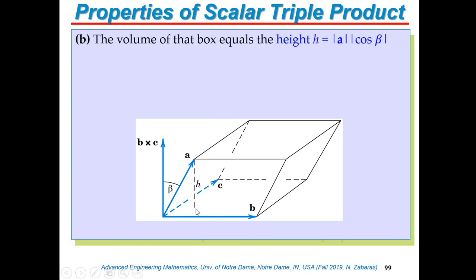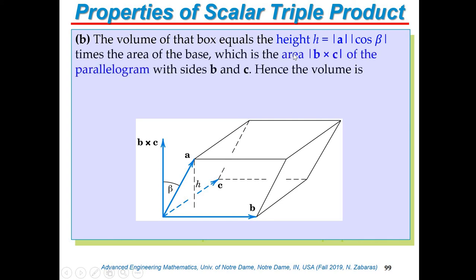It is the height h times the area formed by the vectors B and C. The height h is really nothing else but the magnitude of A times the cosine of the angle between A and B cross C. But we already have seen that the area of the parallelogram is really the magnitude of B cross C. So effectively, you can see that this dot product between A and B cross C is nothing else but the volume of this parallelogram. Okay, so there is a geometric interpretation.